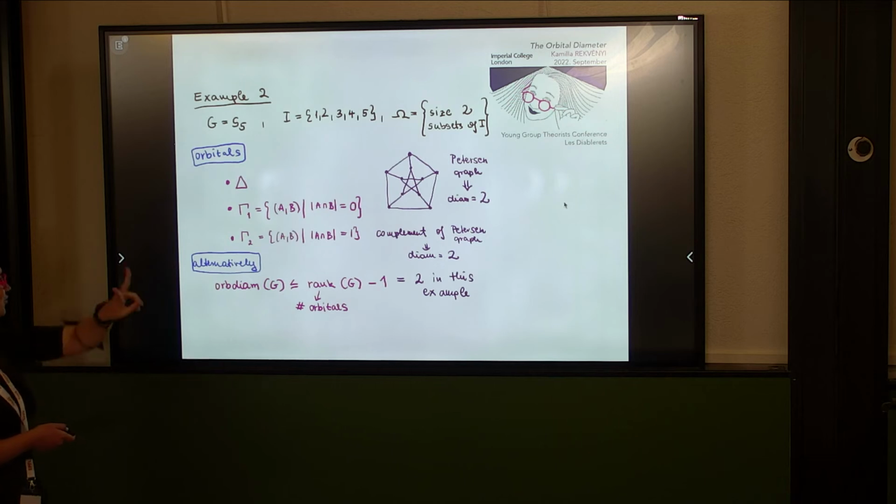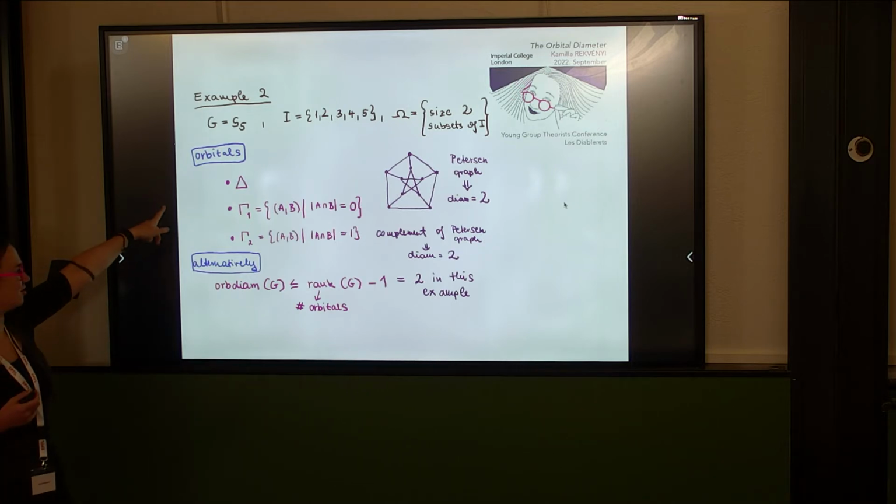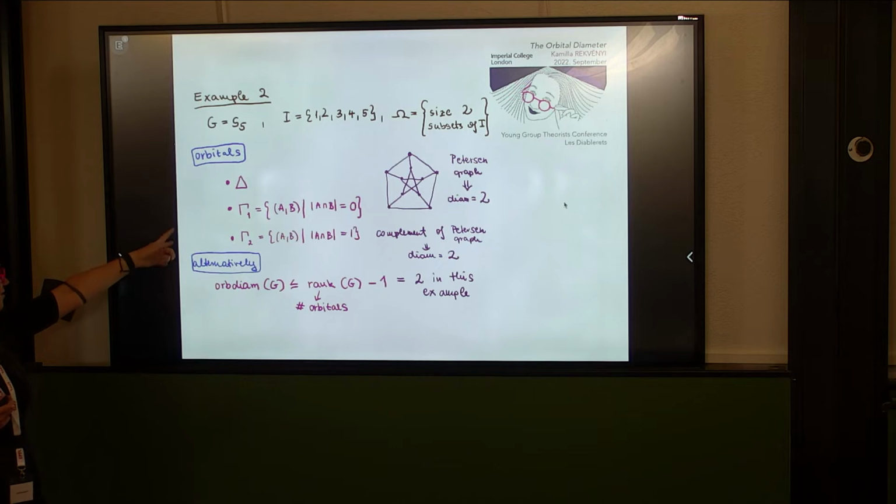Okay, example 2. We take G to be the symmetric group on 5 points, and then we take our omega to be the size 2 subsets of the set 1 to 5. Then this has 3 orbitals. One of them is the diagonal one. The other one is gamma 1, where the 2 pairs are disjoint.